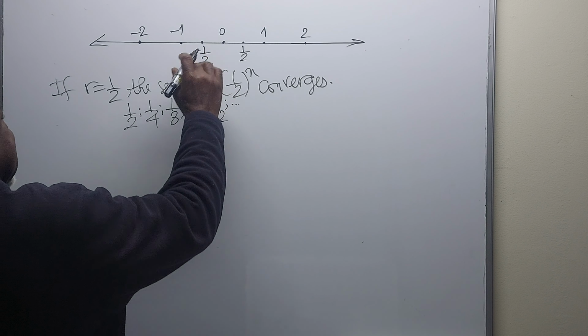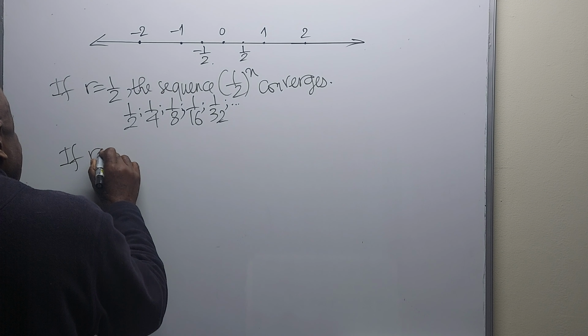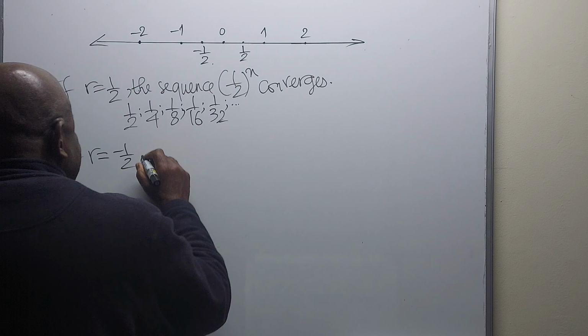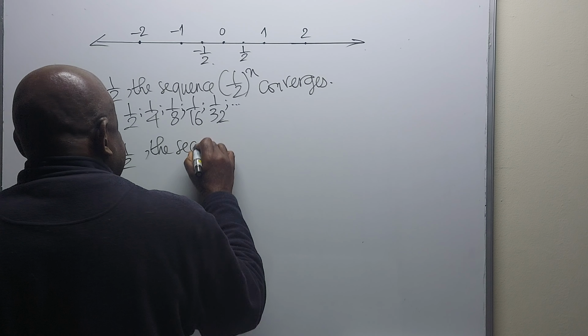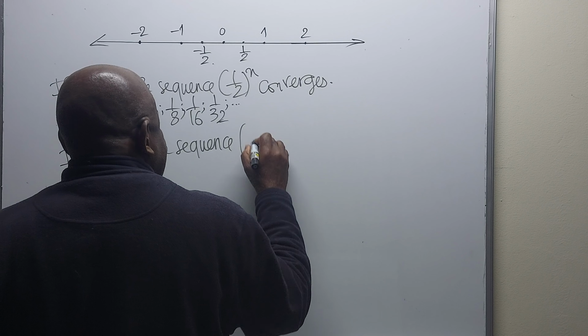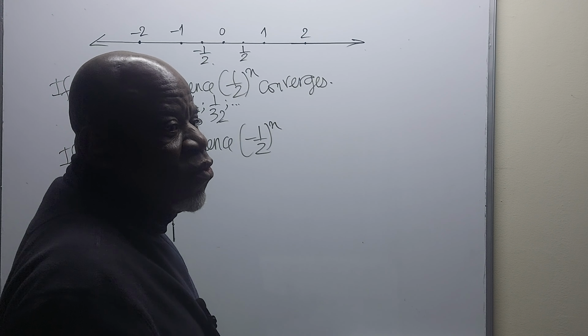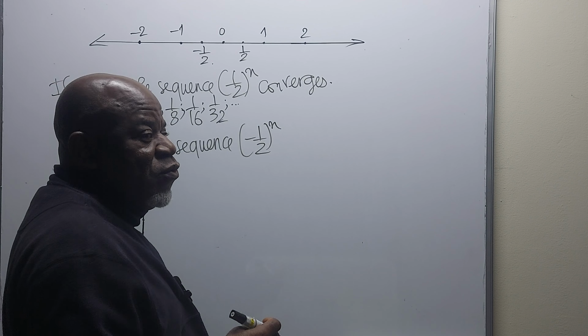If we consider the other case, if r is equal to -1/2, the sequence -1/2 to the power n is going to converge and oscillate.